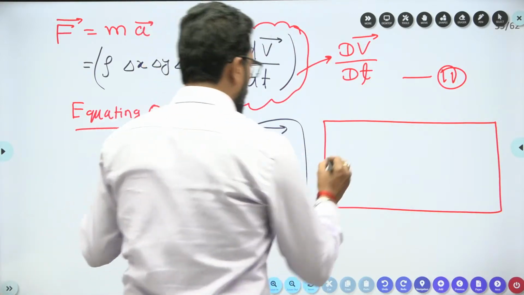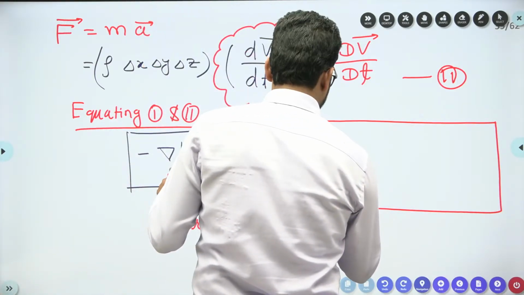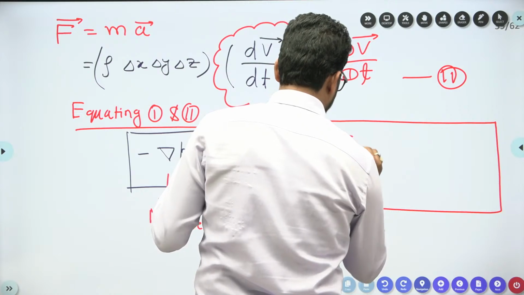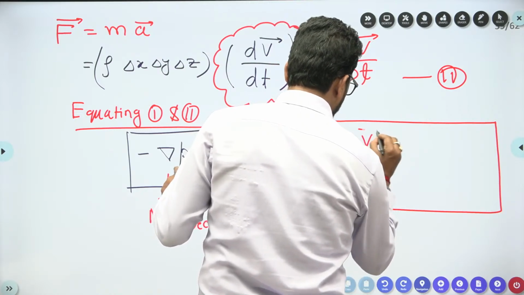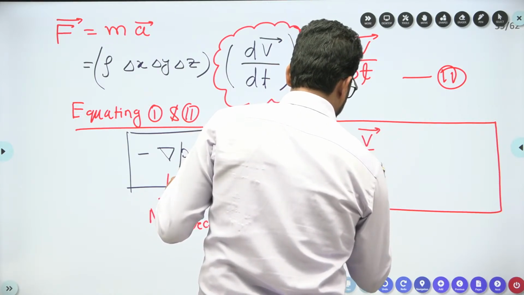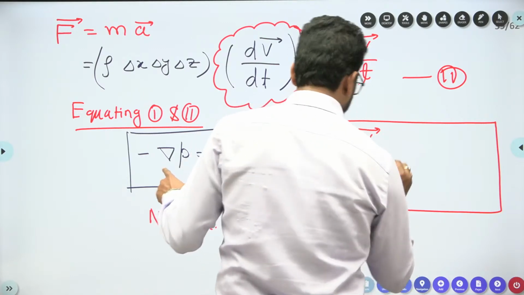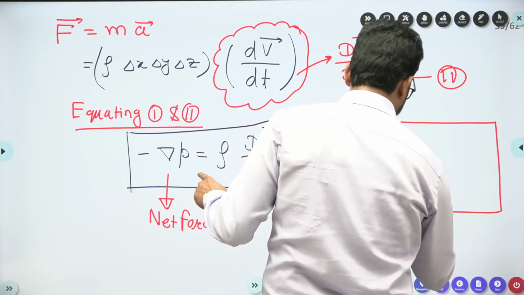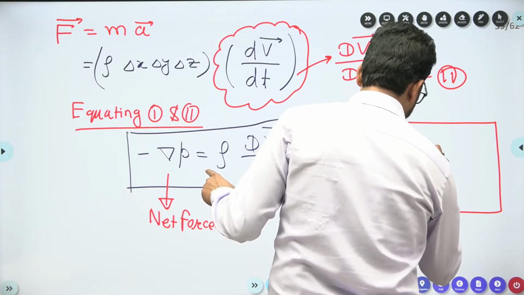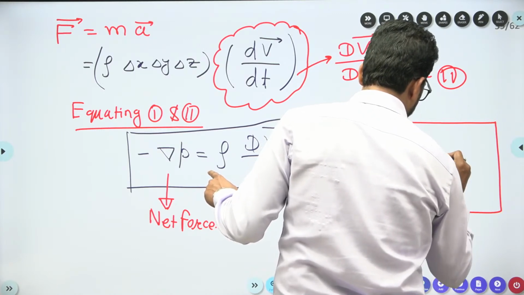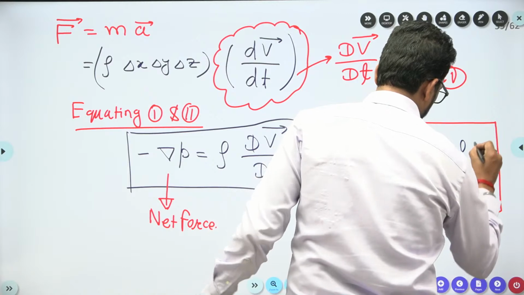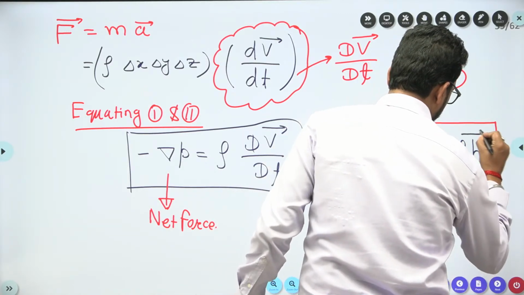Rho dou V by dou T is equal to minus grad of P plus rho of body force vector.